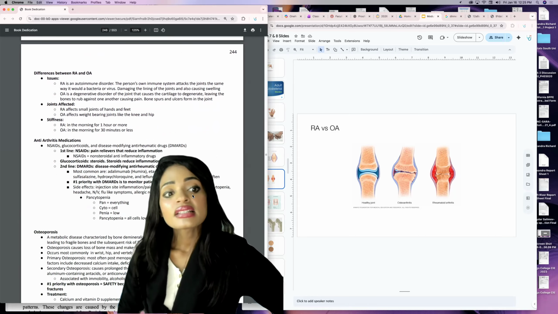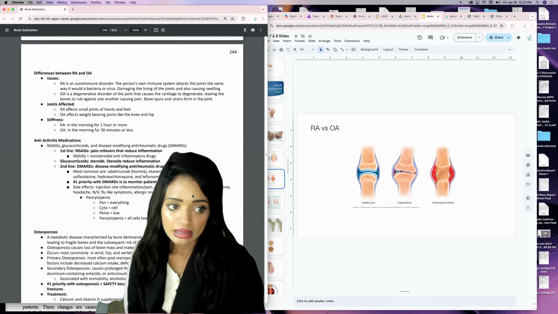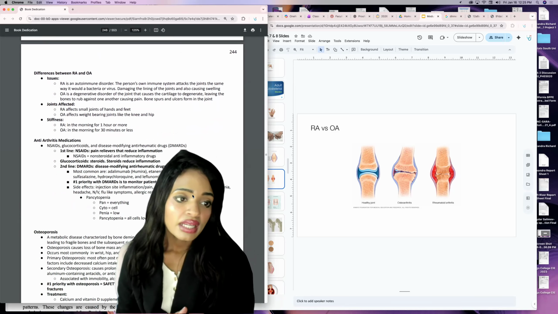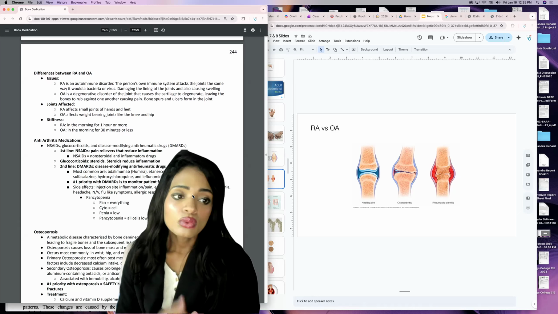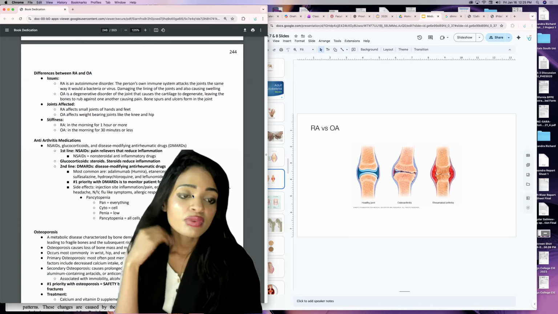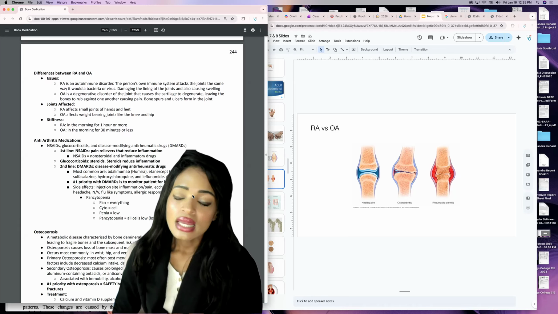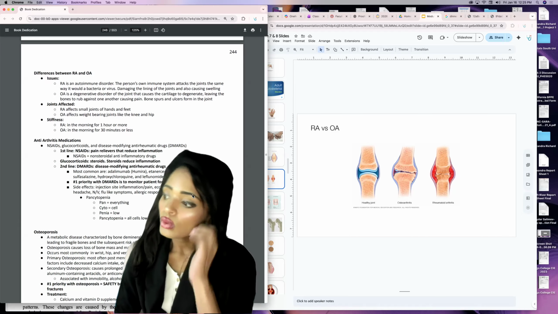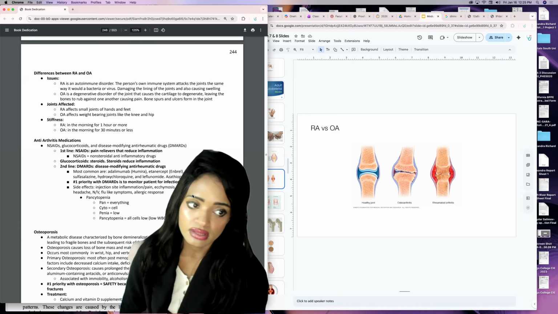Osteoarthritis affects the larger joints, the weight-bearing joints like the knee and the hip. With rheumatoid arthritis, the stiffness is for 1 hour or more in the morning. Osteoarthritis is for 30 minutes or less. Also with osteoarthritis, the pain will get worse when they begin bearing weight because it affects the weight-bearing joints.